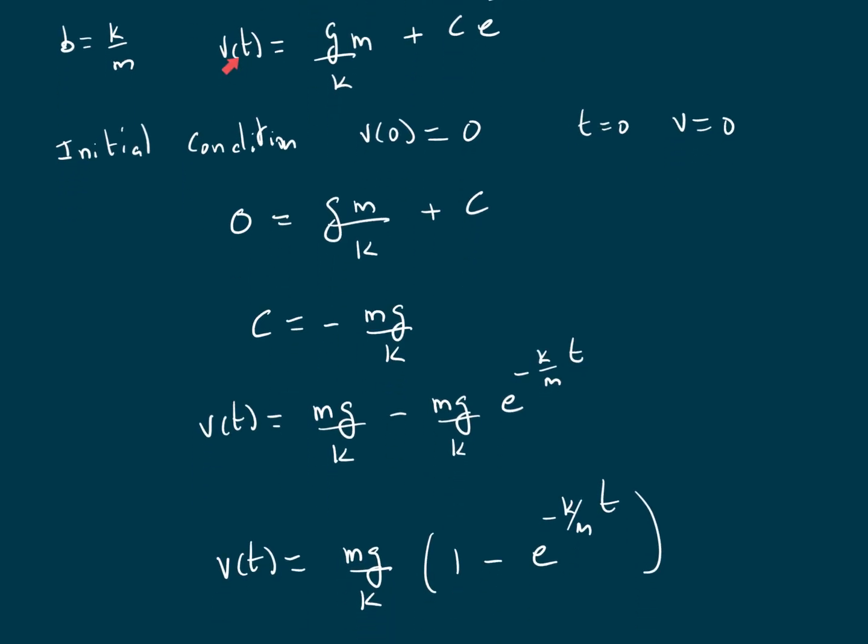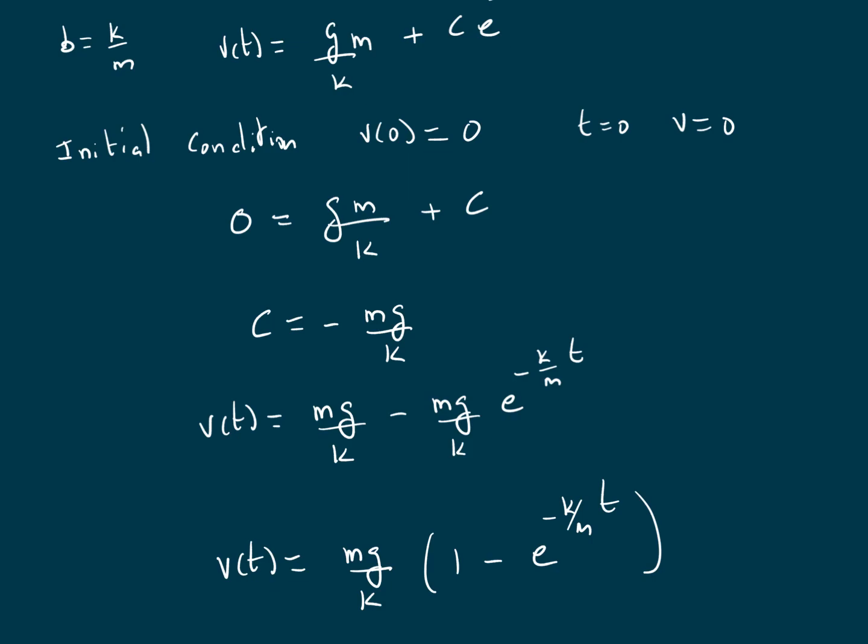So what will be v of t now? I will substitute the c that I have found for its value. So v of t equals mg divided by k, plus c, but c is minus mg divided by k, multiplied by e to the minus k divided by m multiplied by t.